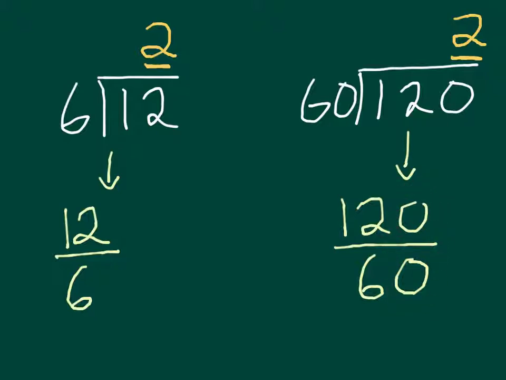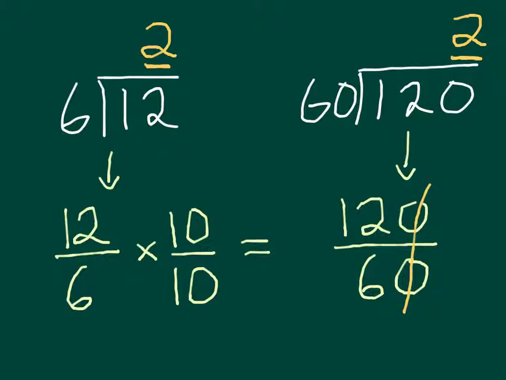In fact, if I want to get from one fraction to the other, I can multiply by 10 over 10, which is our friendly 1 in disguise. That's going to give me 6 times 10 is 60, 12 times 10 is 120. So one way of solving 120 divided by 60 is to say, I know that's the same thing as 12 divided by 6 if I take away these zeros, and so I know that's 2.